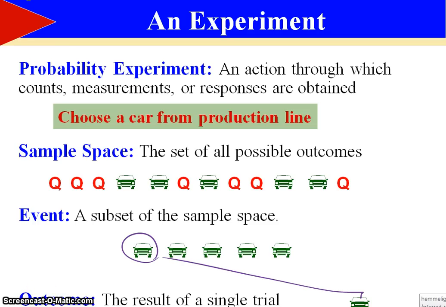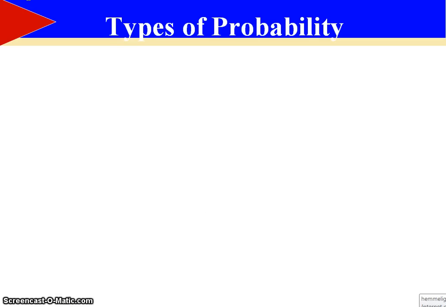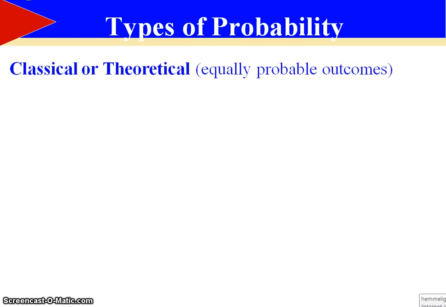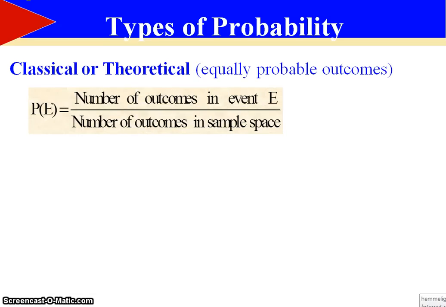Okay, so there are two different types of probabilities that we're going to be looking at. One would be the classic or theoretical probability, where all outcomes are equally probable. And the notation P of E, the probability of the event, like the probability you roll an even number, or the probability you get a heart when you get one card out of a deck. Essentially, it's the number of ways to get E divided by the number in the sample space.